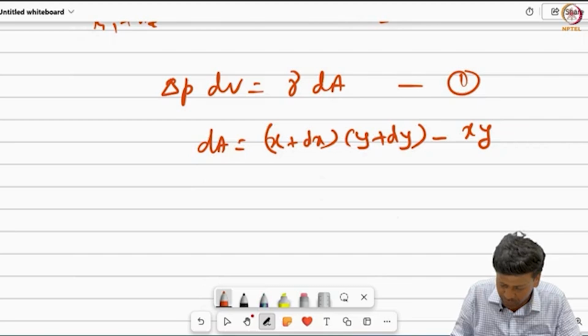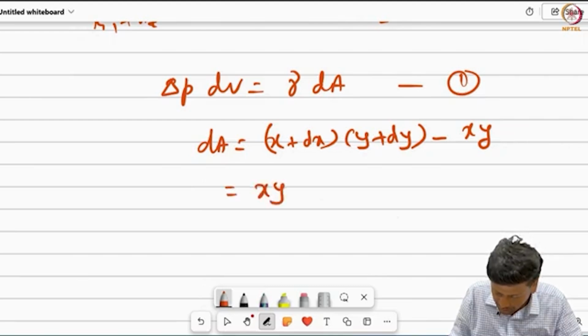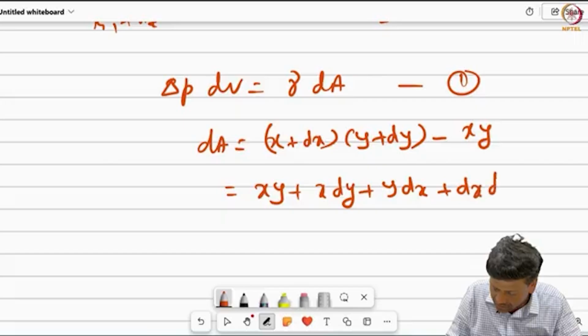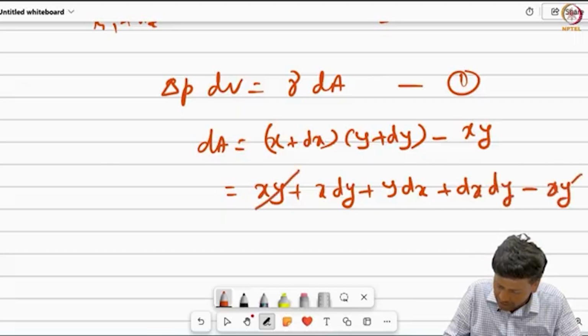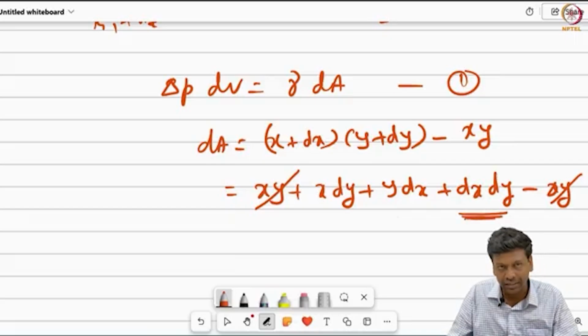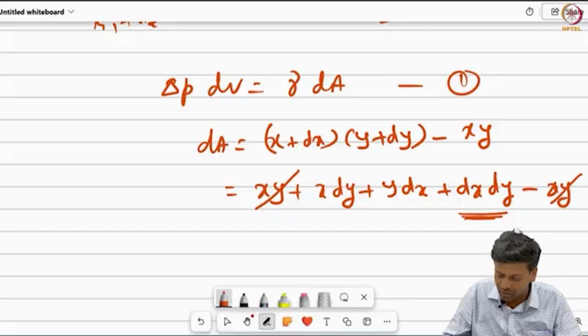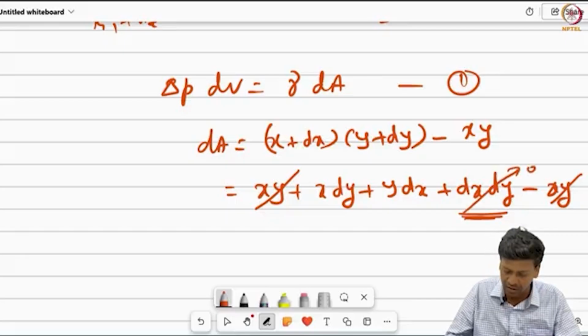If I simplify this further, this will be simply xy plus x dy plus y dx plus dx dy minus xy. So I can cancel xy and xy. Because dx itself is very small, dx dy will be negligibly small, so we can actually ignore this one.